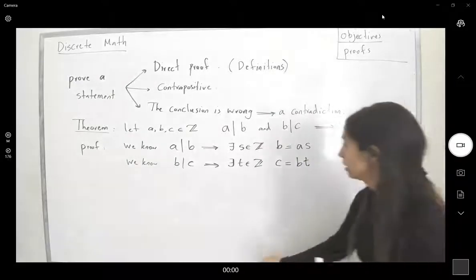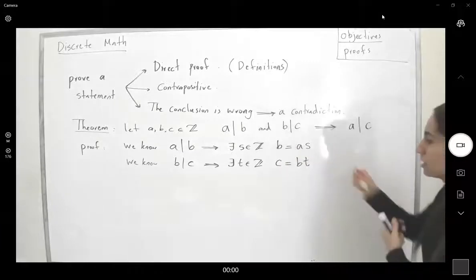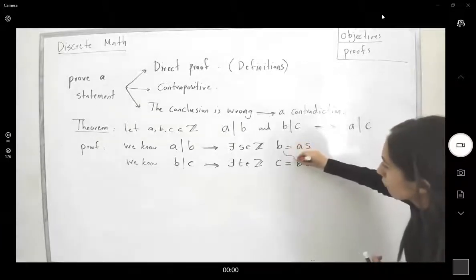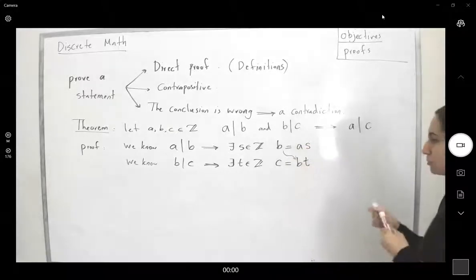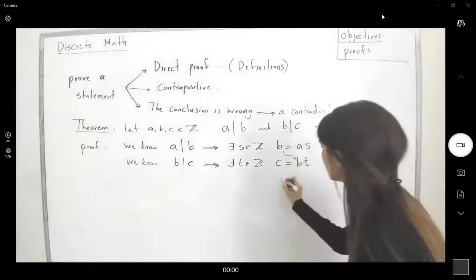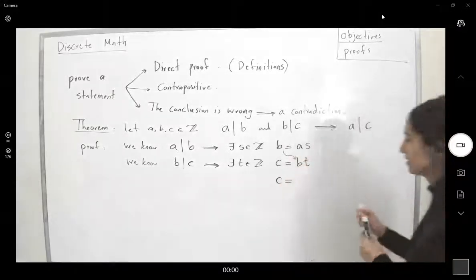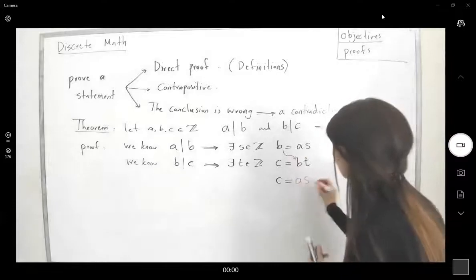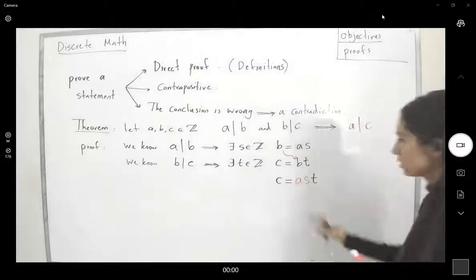Well, the first equation says b is equal to a times s. In the second equation, I have b, so I'm going to substitute that in the second equation. It means that c can be written as as times t. What's the meaning of that?